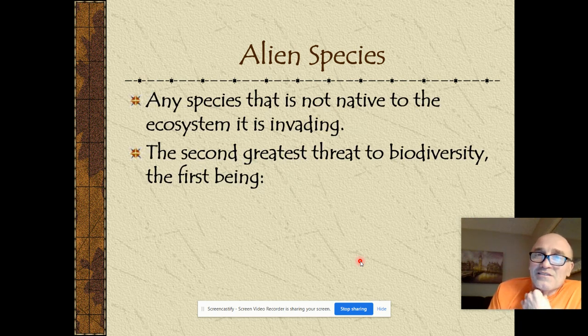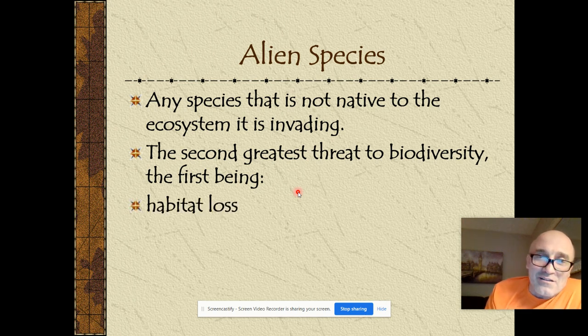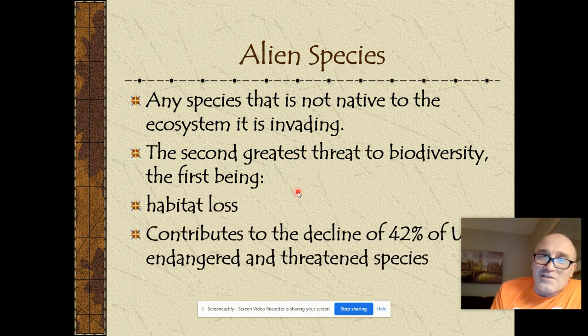It's a species of plant, animal, fungus that's not native. It doesn't come from the ecosystem where it might currently be found. And it's the second biggest threat to life or biodiversity. The first greatest threat is habitat loss, but alien species are right behind that.